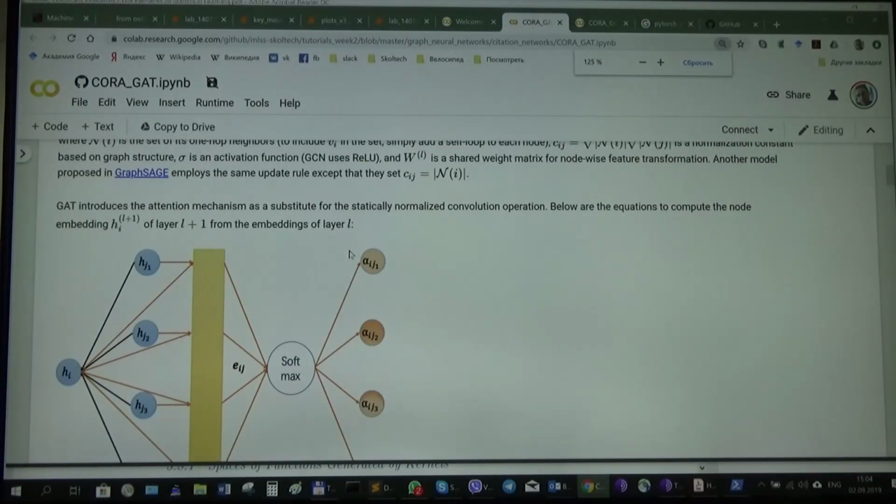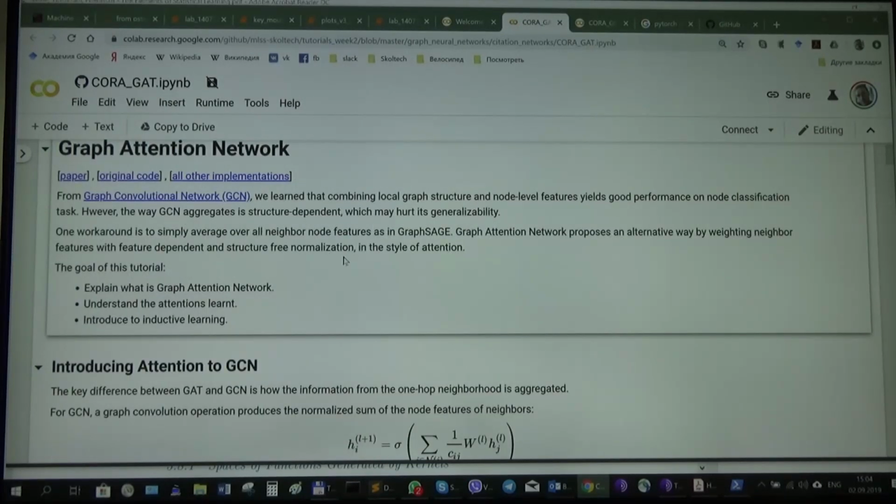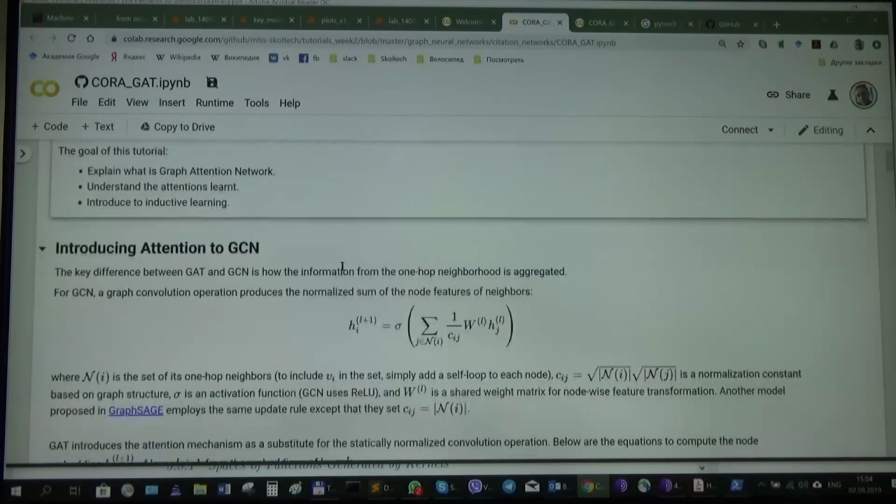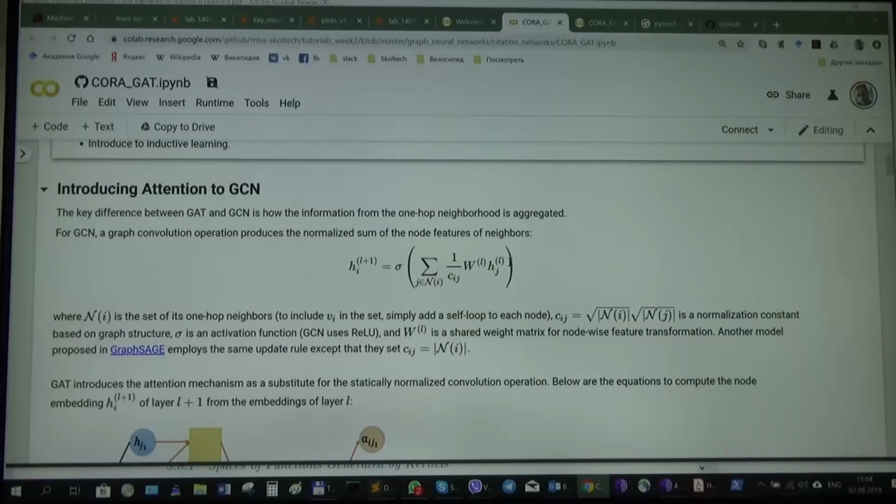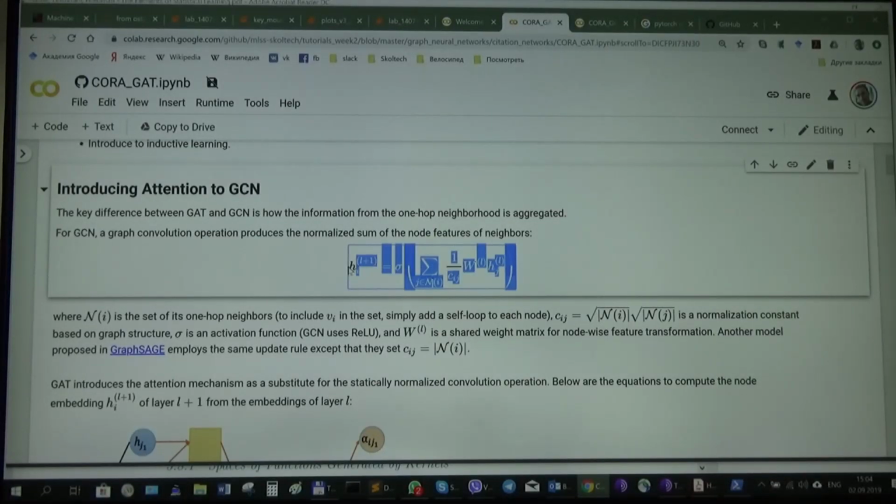Okay. So yeah, the graph attention neural network. So in general, your equation for each node looks like this, right? You have activations on the next layer, gonna be a sum of the surrounding activations of the nodes multiplied by some weights.